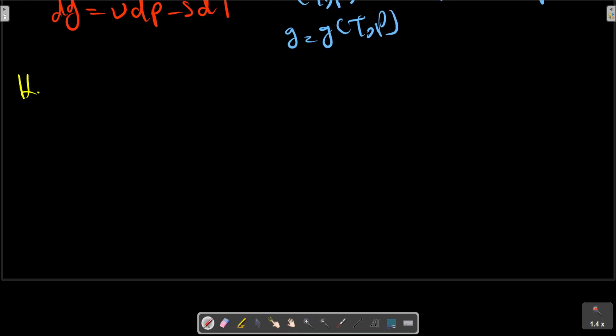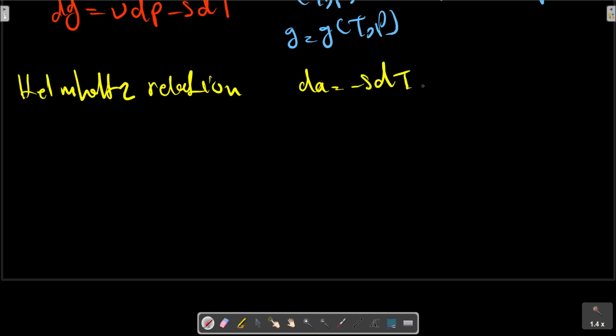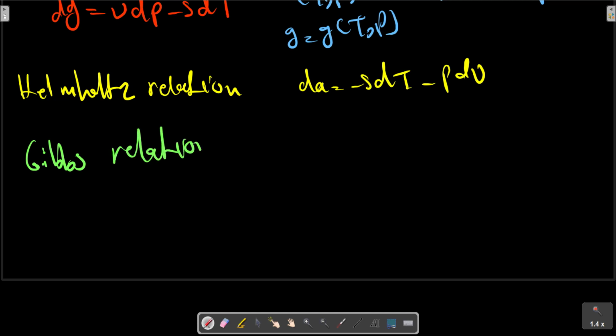So we can write again the Helmholtz relation or function, which gives the relation for dG, a fourth form of the property relation.